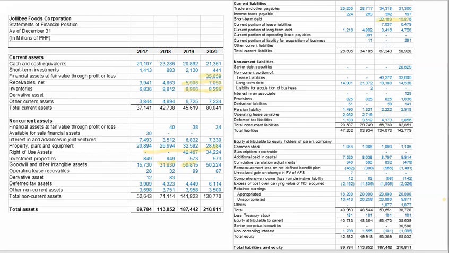Ito, there was a senior debt security. So titingnan mo ngayon sa news, meron bang additional loans ang Jollibee during this time? That's something that you will check. And you can also check it in the notes to financial statements, di ba?